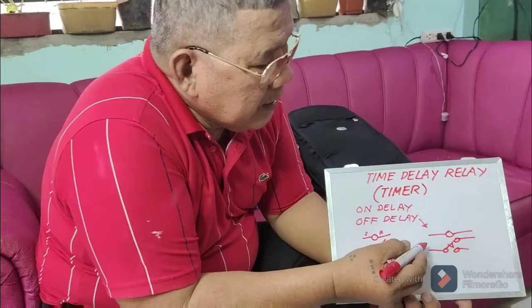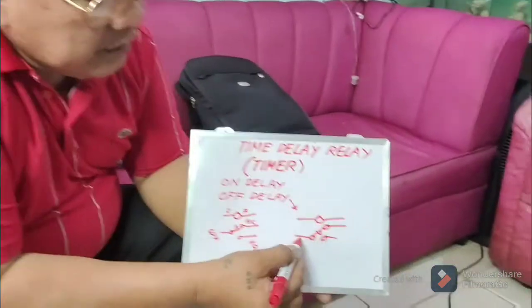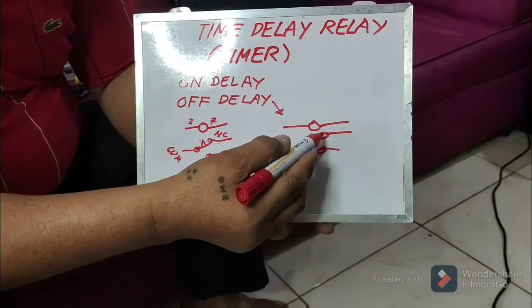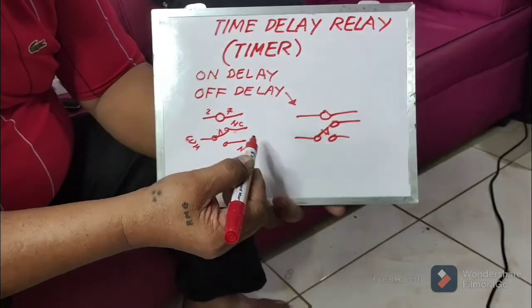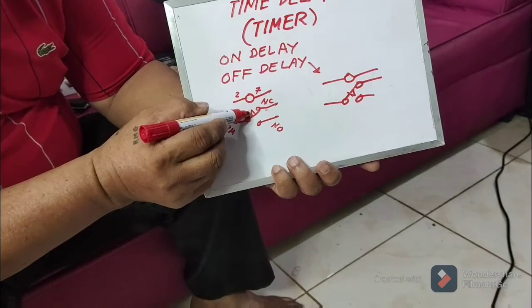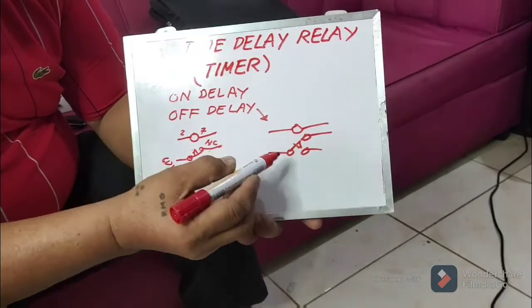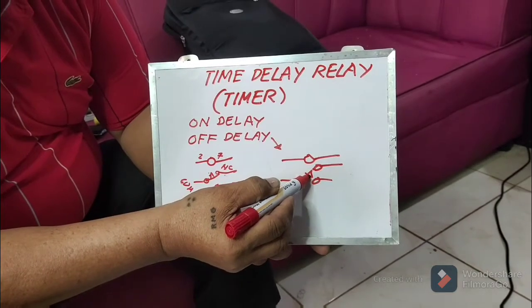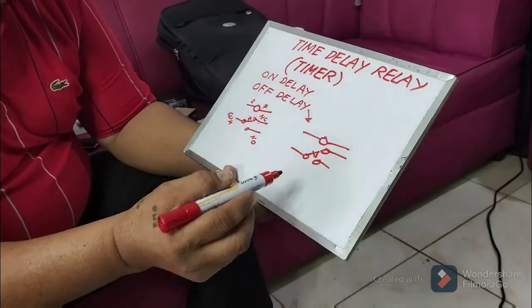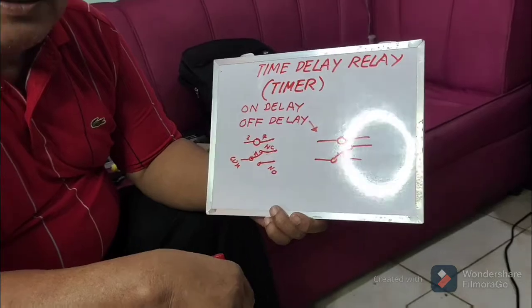You have the holding coil. You have the common, normally closed and normally open. So look at this portion here. If this is on delay, this is in the top, and this is below when it is off delay. Okay, so that is our timer.